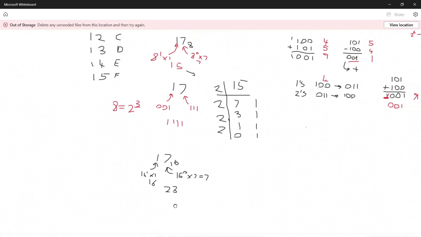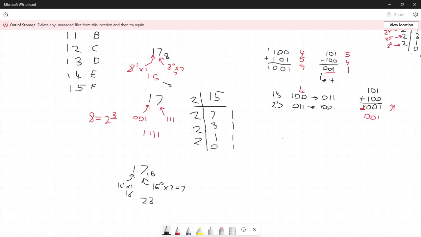Now, we're going to use the cheat code again, but instead of using 3 digits, we're going to use 4. And this is going to become 0, 1, 1, 1. Notice the zeros are very important.